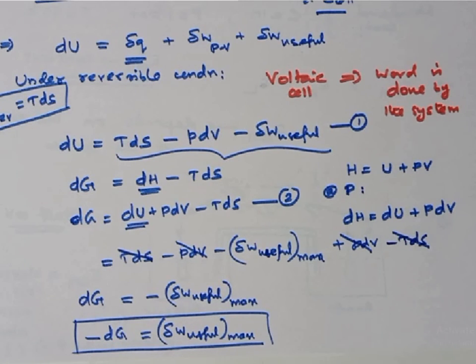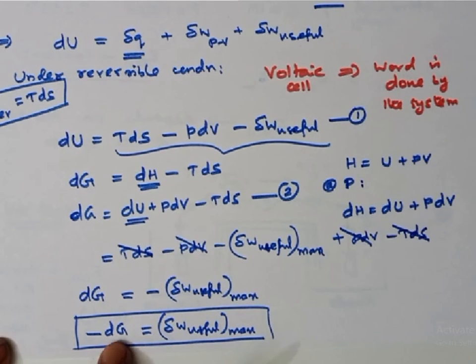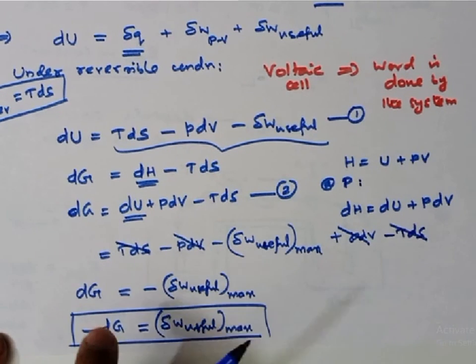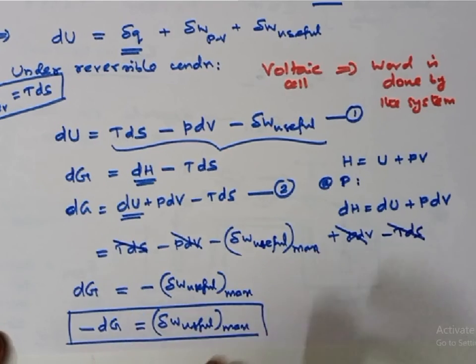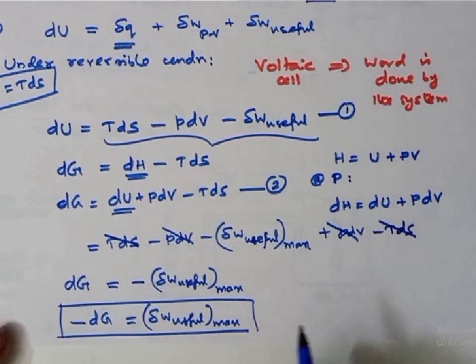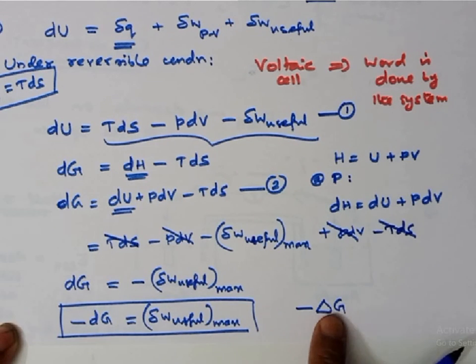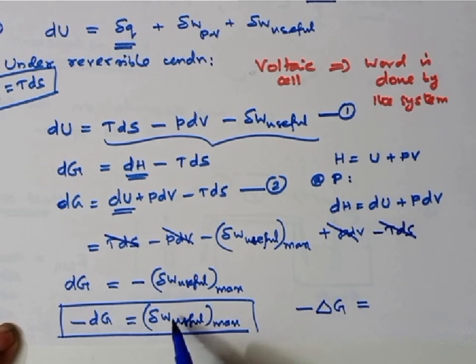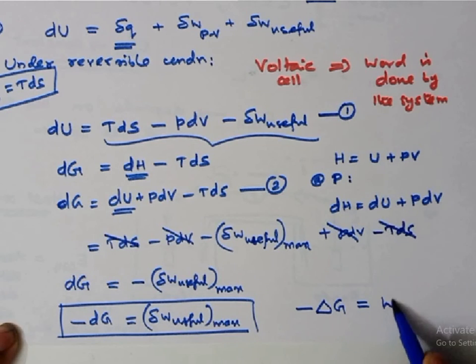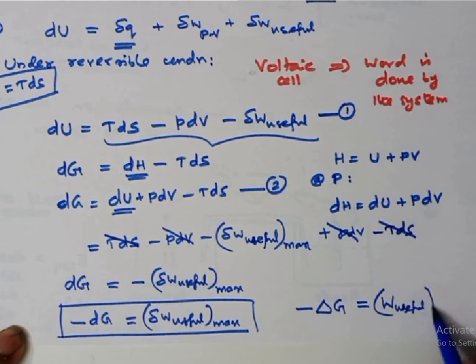Yes, sir. Yeah, good. Listen, dG means small change. Actually, for small change we put dG. For a definite change, instead of dG we put delta G. So minus delta G is equal to, instead of delta W I'll put W useful work maximum.